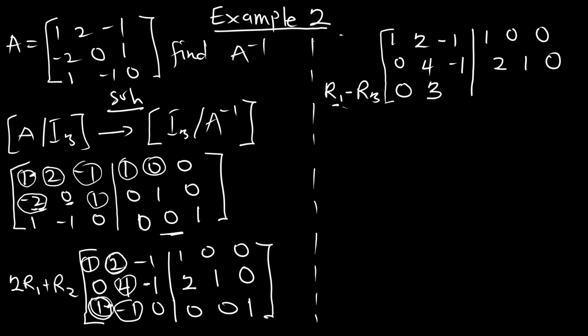Then negative 1 minus 0, and that is going to give us negative 1. So here 1 minus 0, that is 1. 0 minus 0, 0. And 0 minus 1, which is going to give us negative 1, like this.